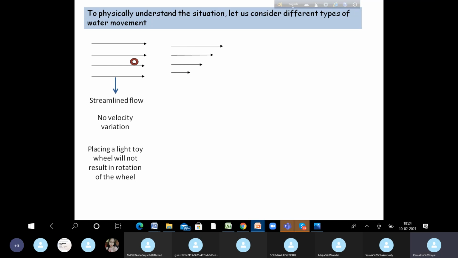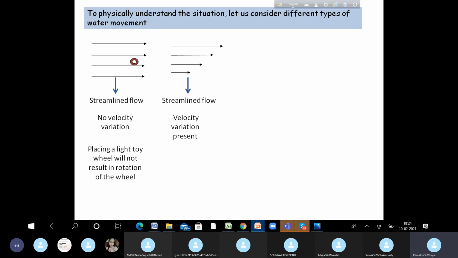Consider again a streamlined motion. So this is also streamlined because all the layers are parallel to each other, but there is a velocity variation. All of you know that when water flows through a capillary tube, the outermost layer, that is the layer which is in contact with the wall of the tube, remains at rest.